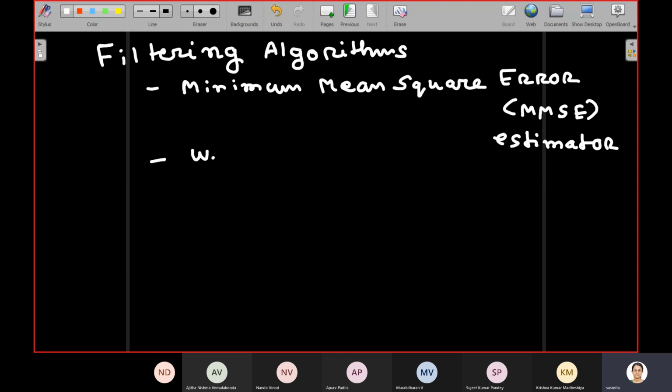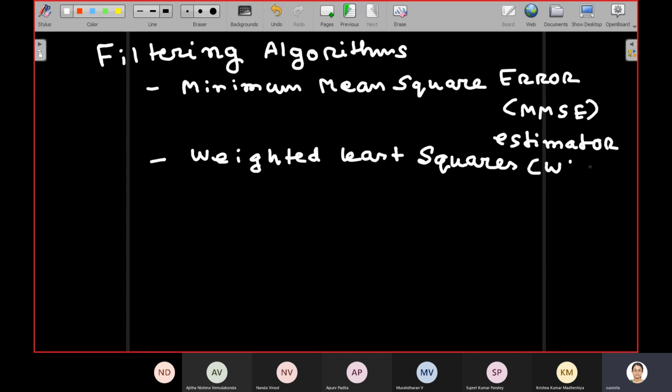Next, the filtering algorithm or estimator we'll consider is called weighted least squares, WLS. The third one is linear MMSE. As I told you earlier, in the context of that example, MMSE is not a linear estimator. It's not guaranteed that the estimated quantity is a linear function of the measurements.